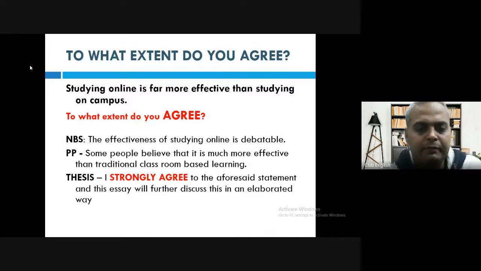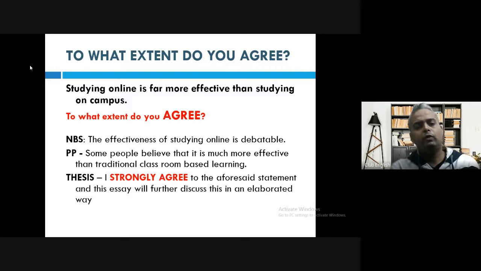Now, what you need to do is attempt this in a similar way, like we have done earlier. The best possible way to teach students, not to confuse them, is to tell them that in every IELTS essay there are two parts. You have to discuss one in one main body and another in another main body.